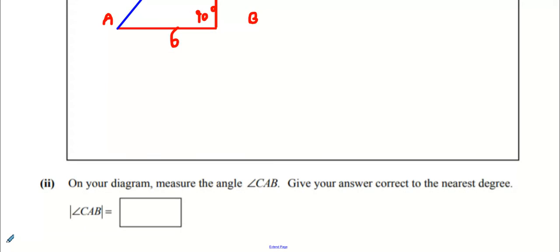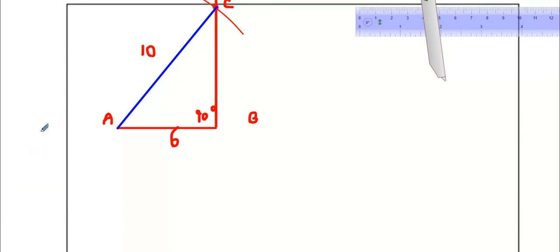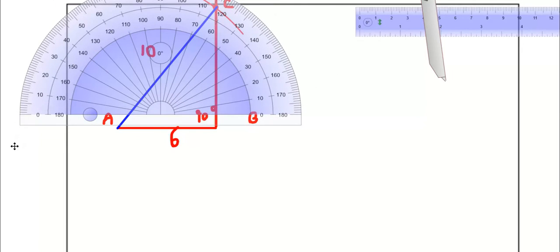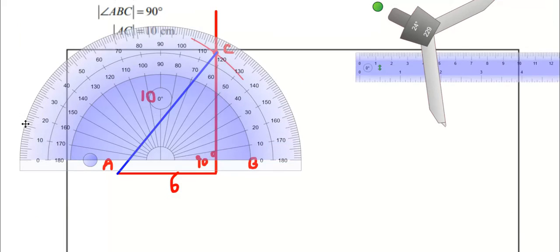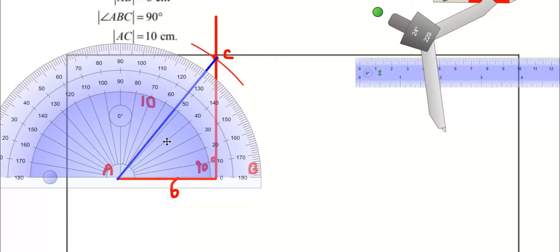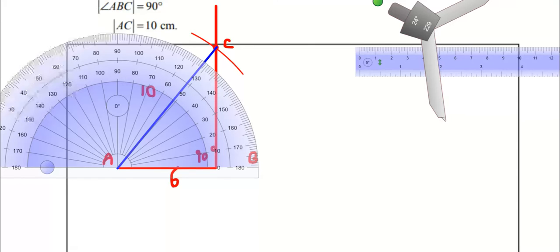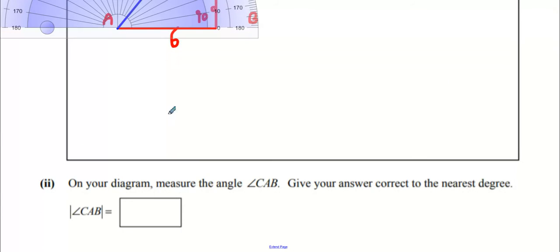Great. Measure CAB. So I'll get my compass out, like so. I'm going to try and measure CAB, so the central letter is important. I'd say about 51, 52 degrees, about 51 degrees, I'd say.